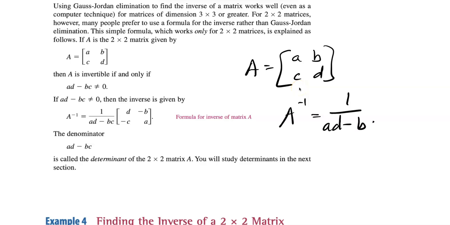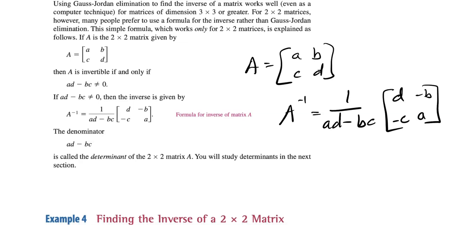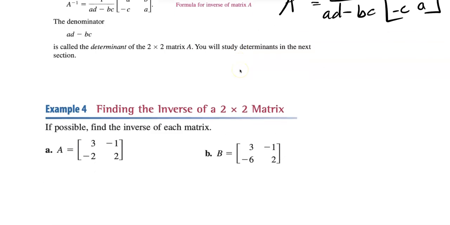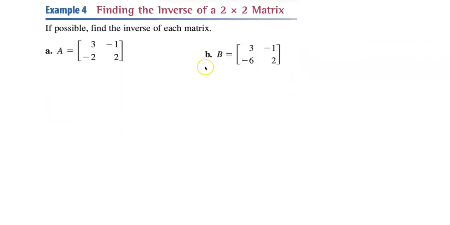We actually have a name for this, but we're going to learn that later. Then over here, we're going to switch this diagonal, and we're going to negate this diagonal. So this one gets switched. This one gets negated. And that's the formula. So again, it's something I would give you. You don't have to memorize it, but you should know how to use it. So it's possible to find the inverse of each one.